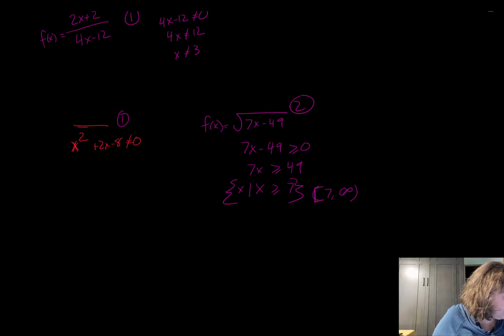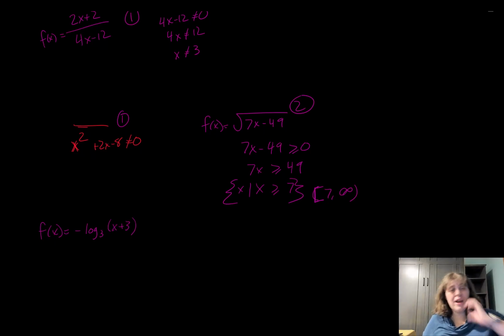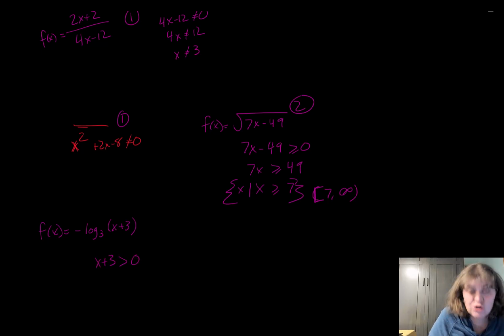All right, next up, we have f of x is equal to negative log base 3 of x plus 3. It's a log. I don't care about any of the stuff outside of the log unless it can also break one of the rules, but it can't because it's just a negative sign, so who really cares about the negative sign? We're going to take this x plus 3, and that has to be strictly greater than 0.